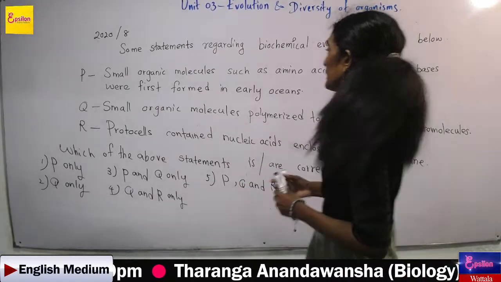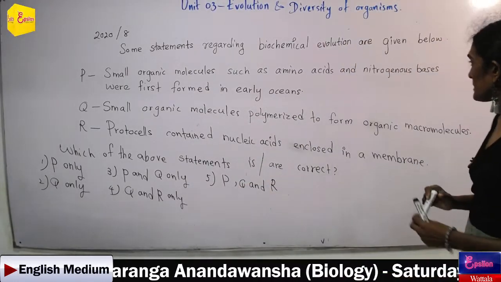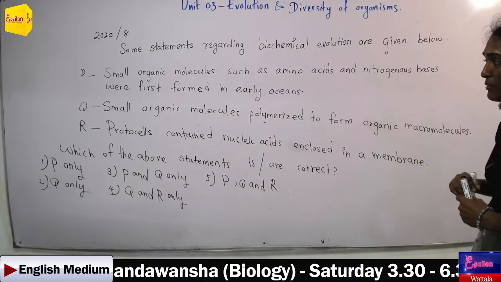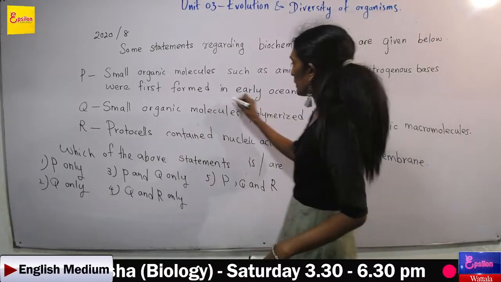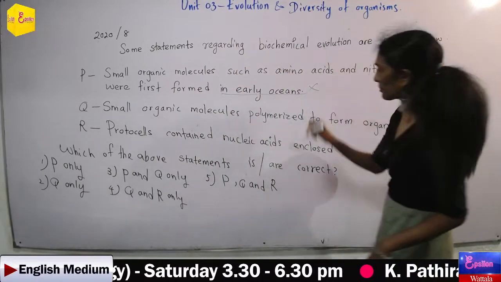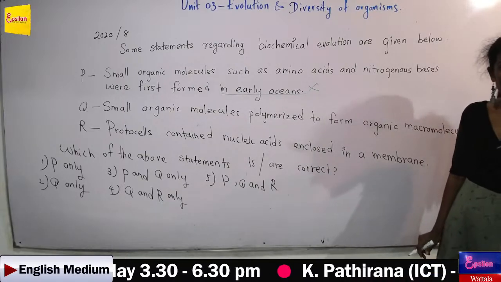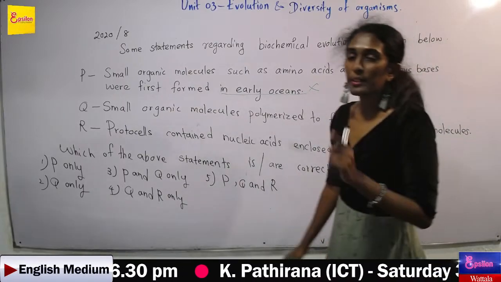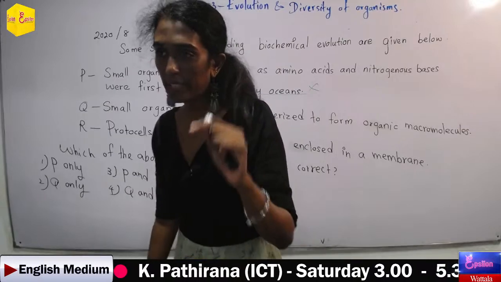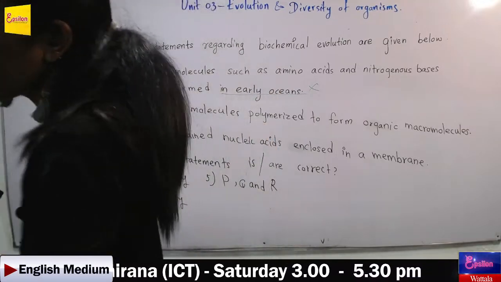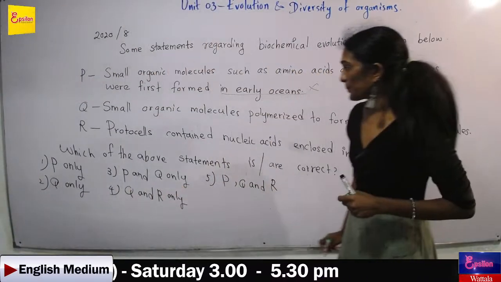Small organic molecules such as amino acids and nitrogenous bases were first formed in early oceans. This statement is wrong because of this. No, it formed in the atmosphere. I included that diagram for you to understand. Then you will understand where these molecules formed.